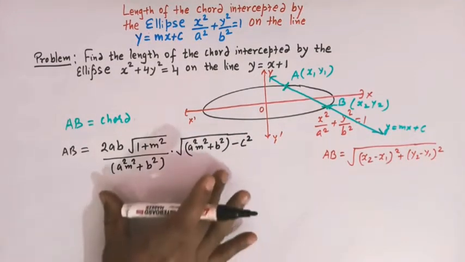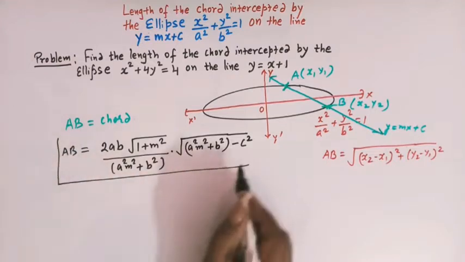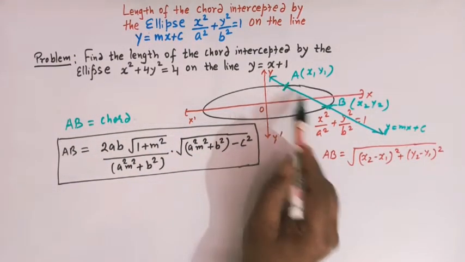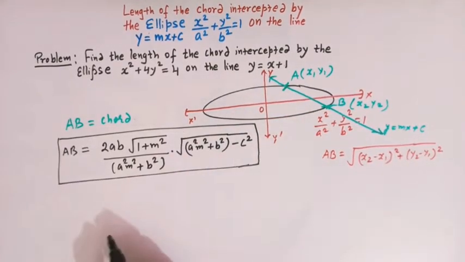This is the formula to find the length of the intercept AB.